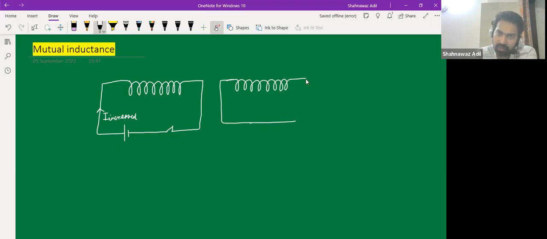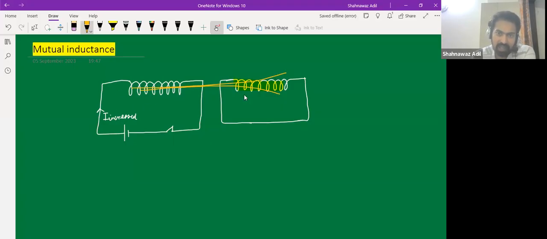Okay, and this circuit is completed. So due to the increase in this electric current, there would be some flux generated through this area, due to this change in current, right, guys?